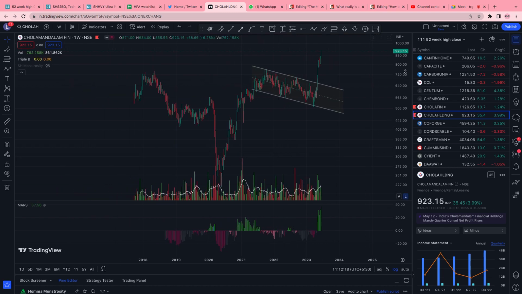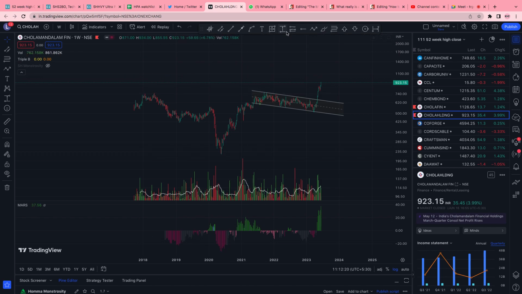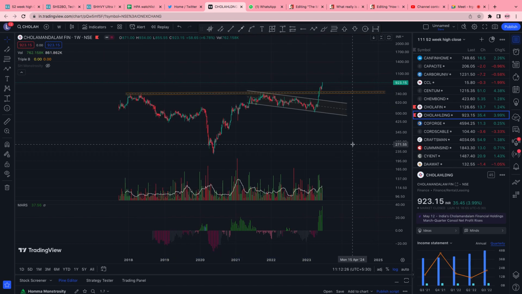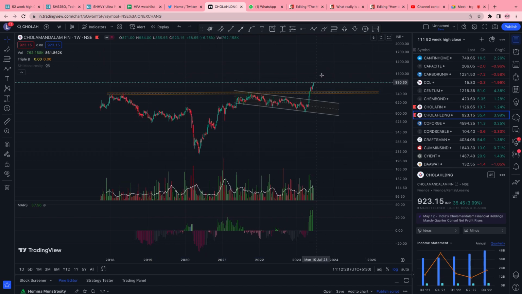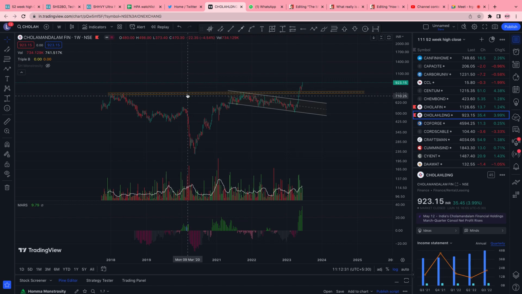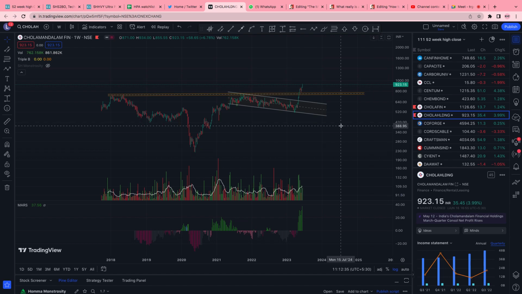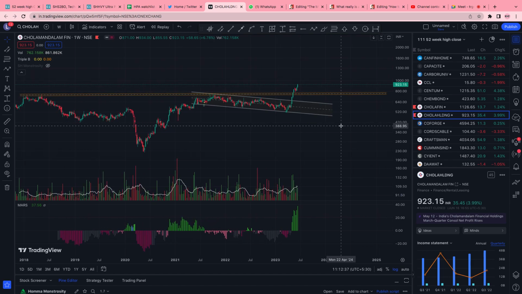Bigger the base, bigger will be the move. Okay, just remember this. Whenever you see a base breakout, you see how big the base is, and then you will know how long it can go. So same thing, you can now extrapolate or subtend this from here, and that is how long it can go.